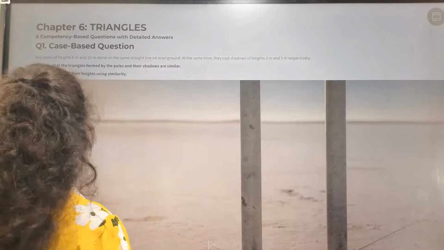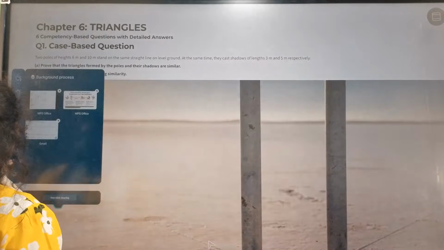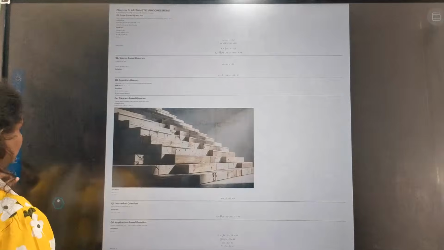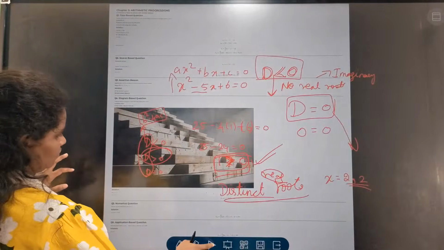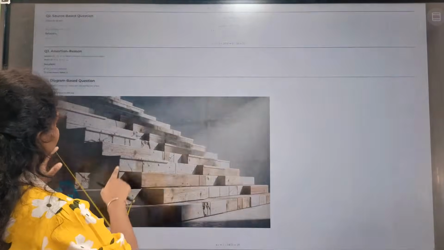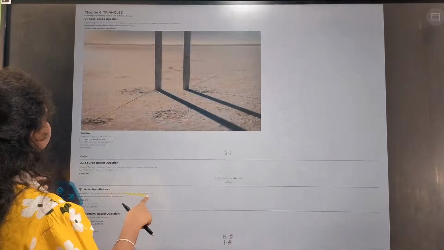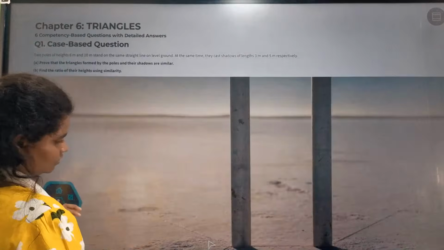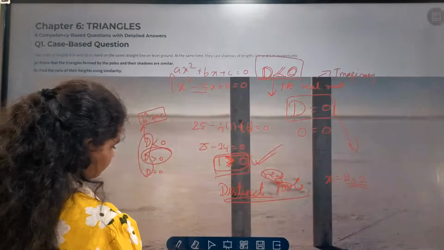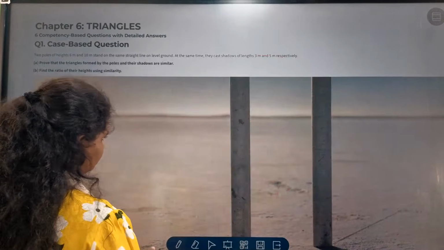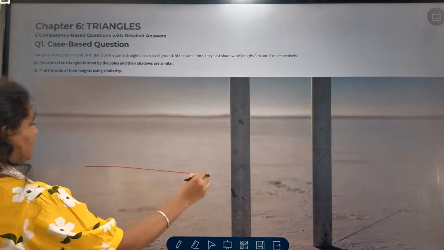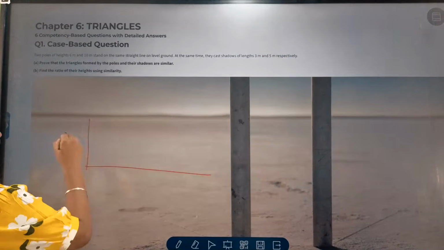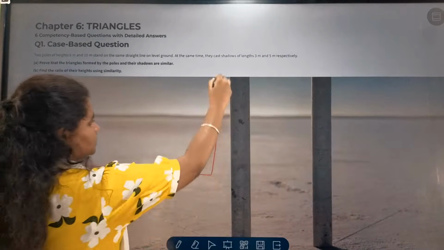See, first a straight line, here it's 6 meter and here it's 10 meter.